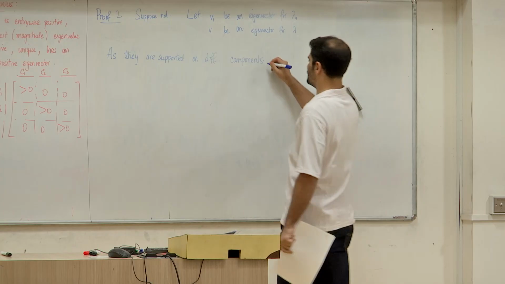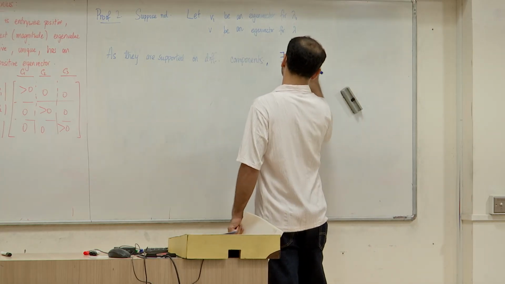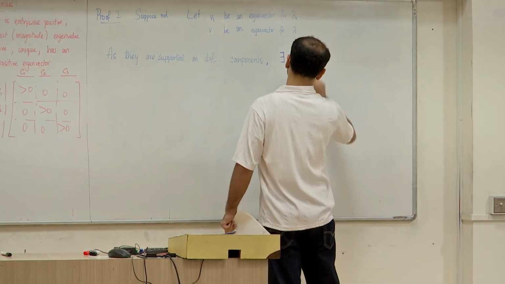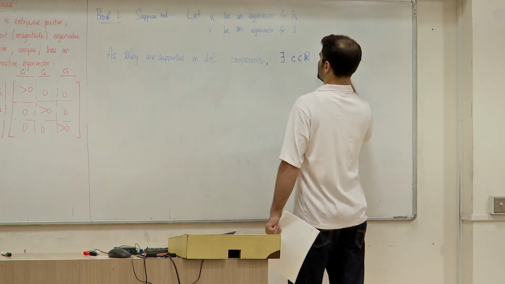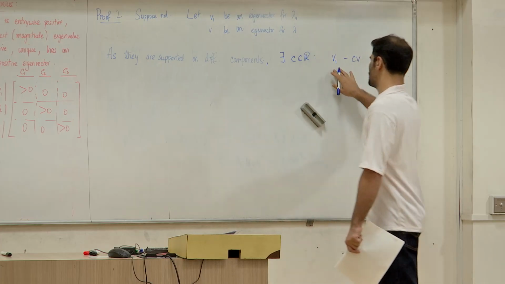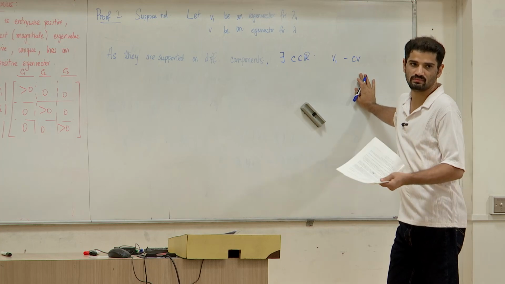As they're supported in different components, they are non-zero vectors. So there exists a value C, a real number, such that V1 minus CV, all its coordinates sum to 0.